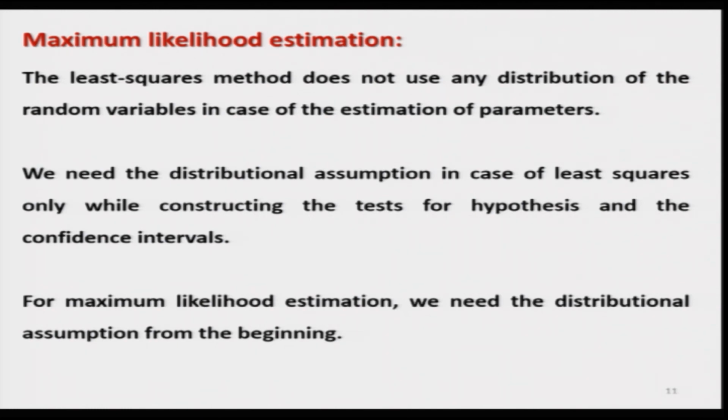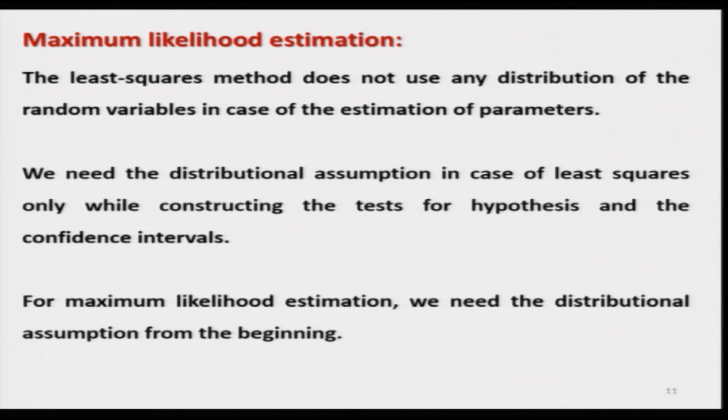Now, one thing you have to keep in mind is that when we do the estimation in the least square method, we do not need any assumption about the distribution of the random variable, either y or epsilon. But when we do the maximum likelihood estimation, you know that first we have to write down the likelihood function and then maximize it.